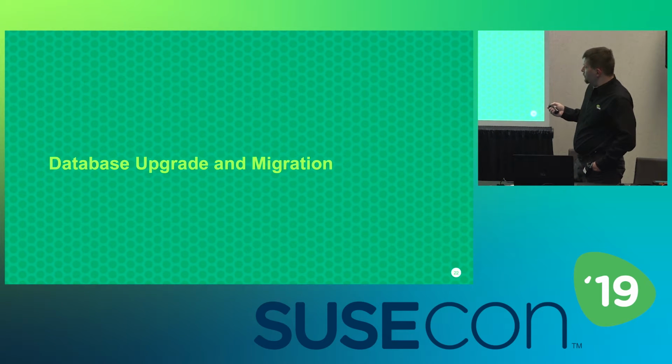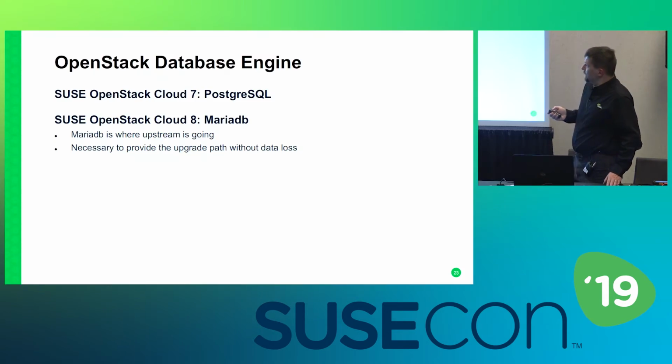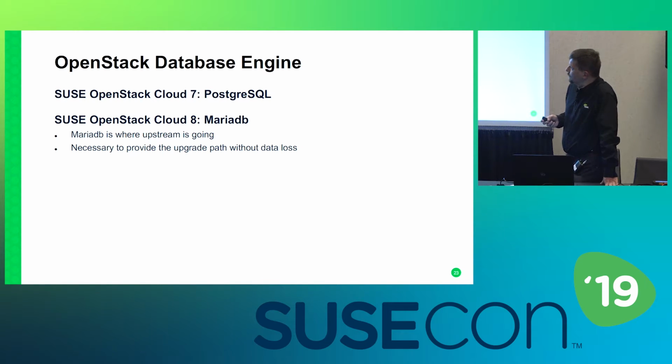Okay, and that's another big point: database upgrade and migration. SUSE OpenStack Cloud 7 is using Postgres as the default database engine, or at least it was. And we decided that with Cloud 8 we want to switch to MariaDB as the default, because we've seen that the community is going that way.